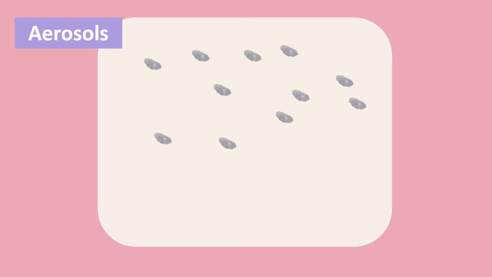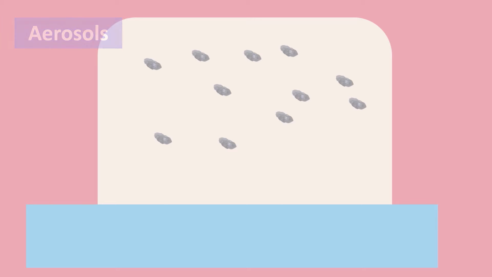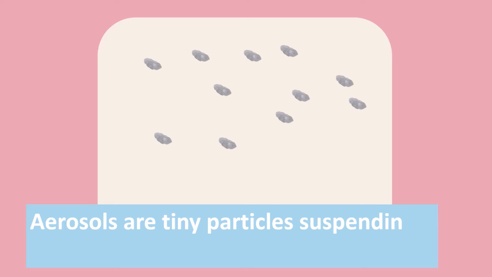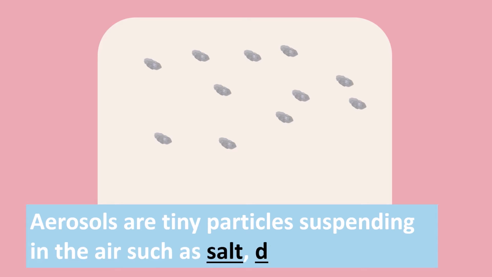For our next slide, the formation of the clouds needs aerosols. Aerosols provide a surface for condensation of water vapor into water droplets. Aerosols are tiny particles suspended in the air, such as sea salt, dust, and pollens. Now, the water droplets start sticking to aerosols, as you can see on your screen.